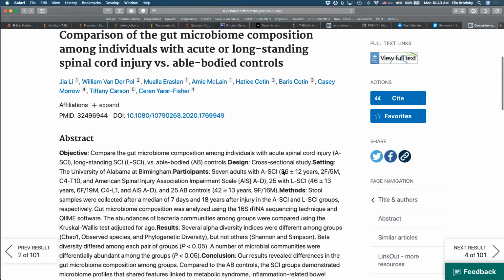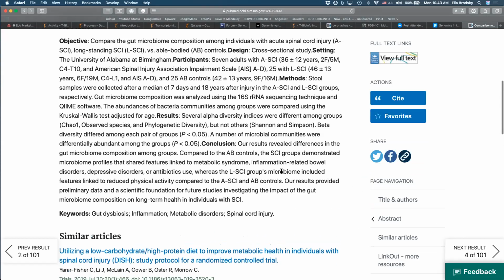So here you can see what they were trying to do. They were looking at alpha diversity or composition of the microbiome. They were really looking at generating preliminary data and a scientific foundation for future studies investigating the impact of the gut microbiome composition on long-term health in individuals with SCI, which is acute spinal cord injury or spinal cord injury in general.